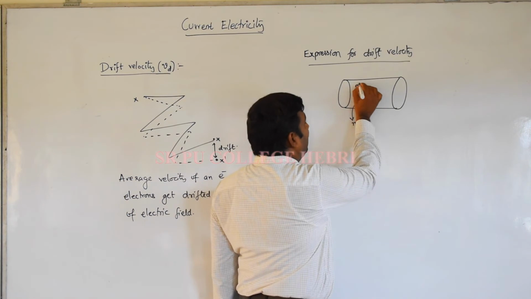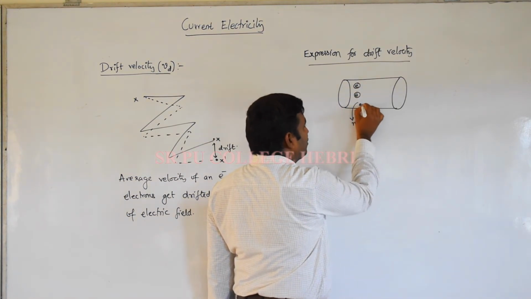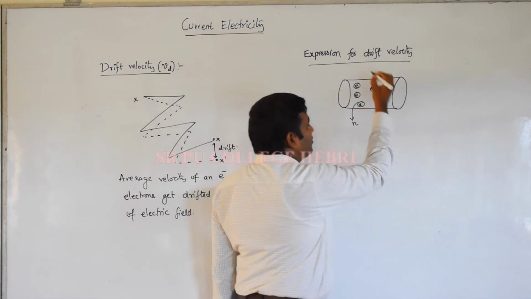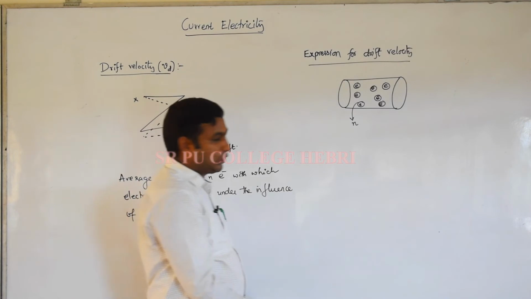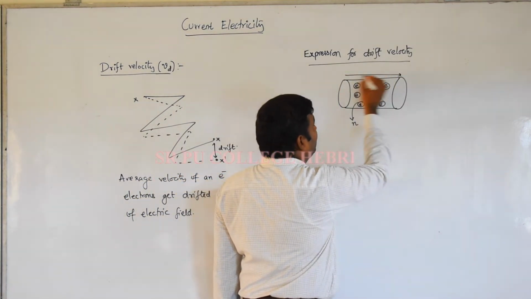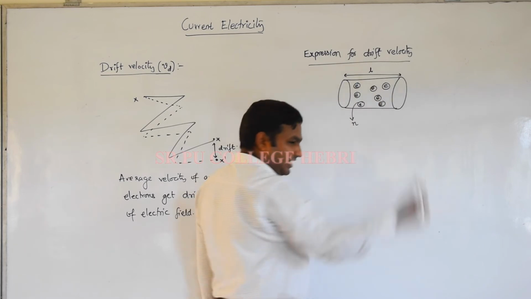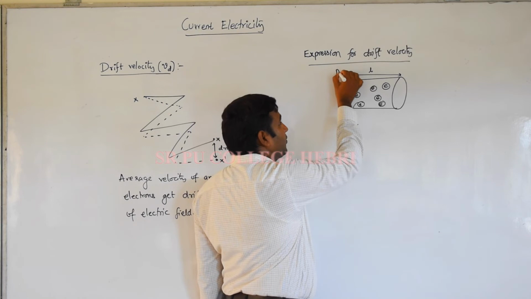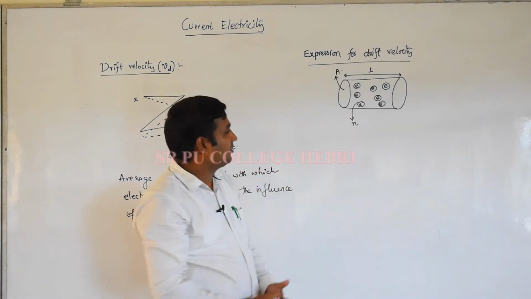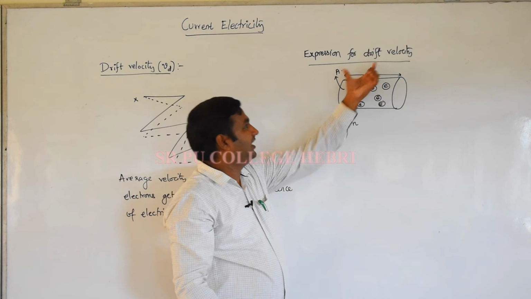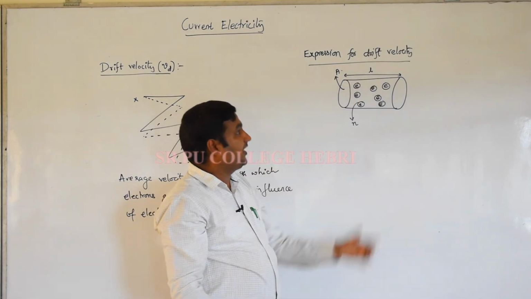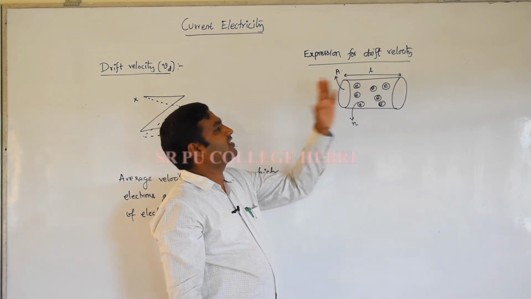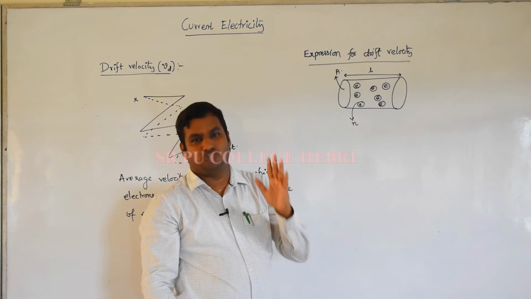Each electron has a charge E, the charge of each and every electron, and the length of the conductor is equal to L. The area of cross section of the conductor is equal to A. I repeat, consider a conductor of length L, area of cross section A, containing n number of electrons. Each electron has a charge equal to E.